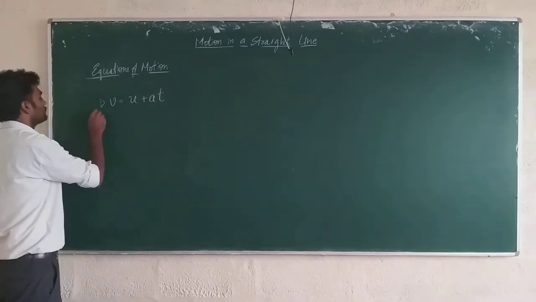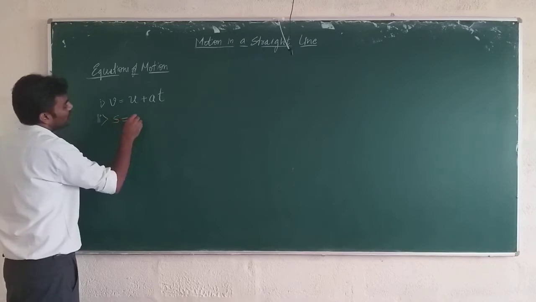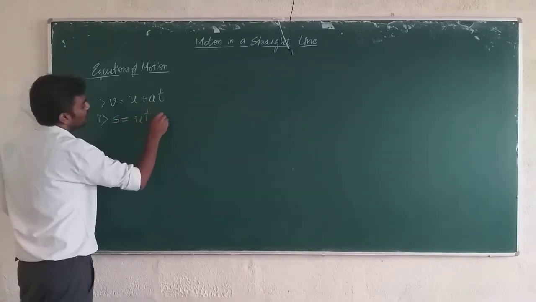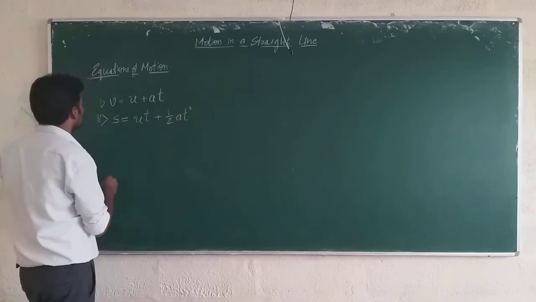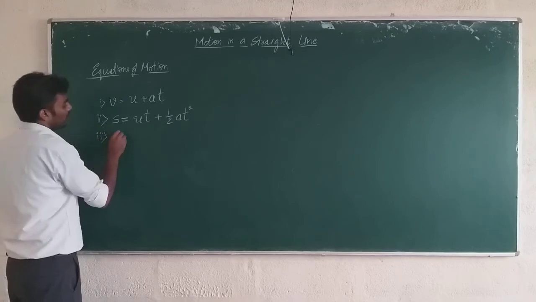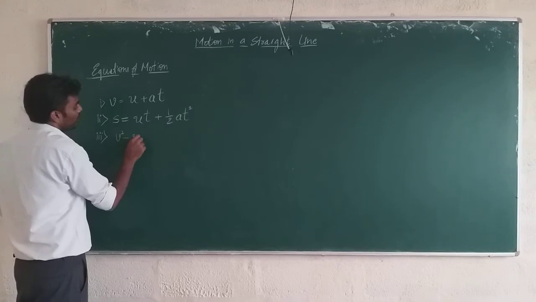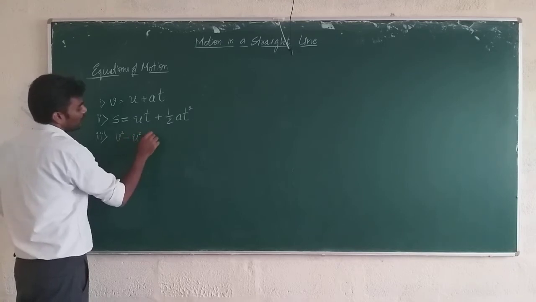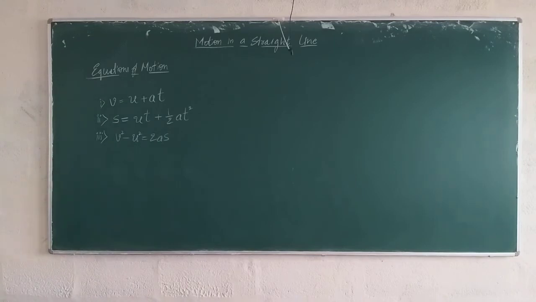Okay, next you have the second equation of motion, which is S is equal to ut plus half at square. And then finally the third equation of motion, which we took was v squared minus u squared is equal to 2as. Very important equations of motion, at the same time very easy.